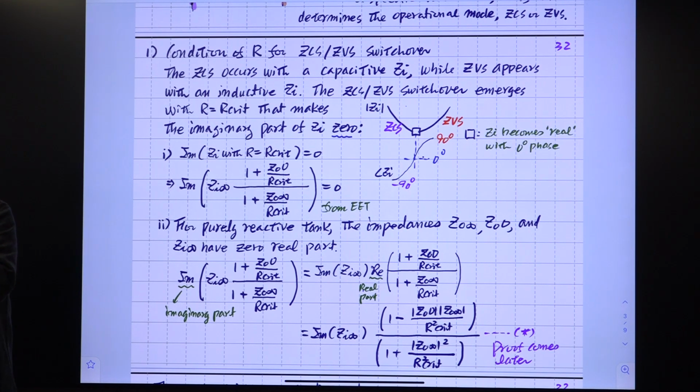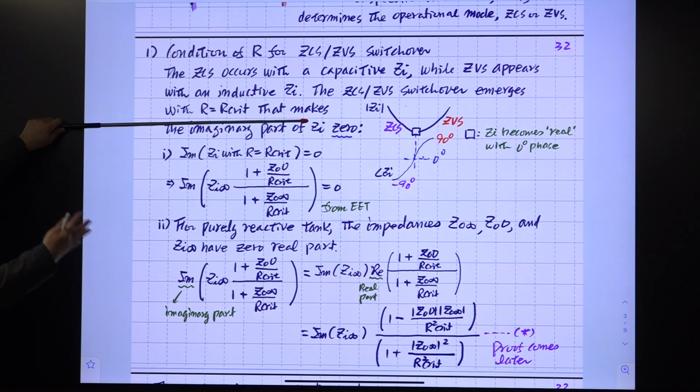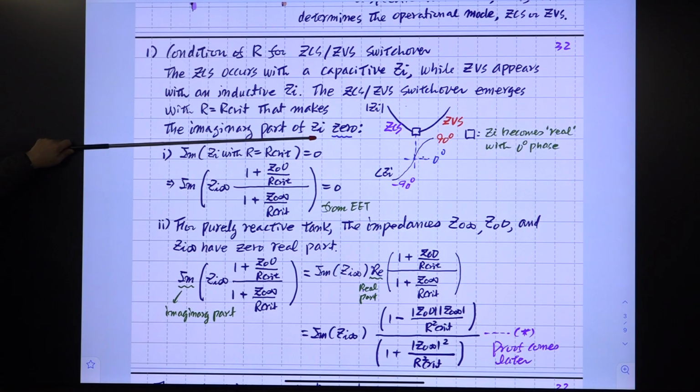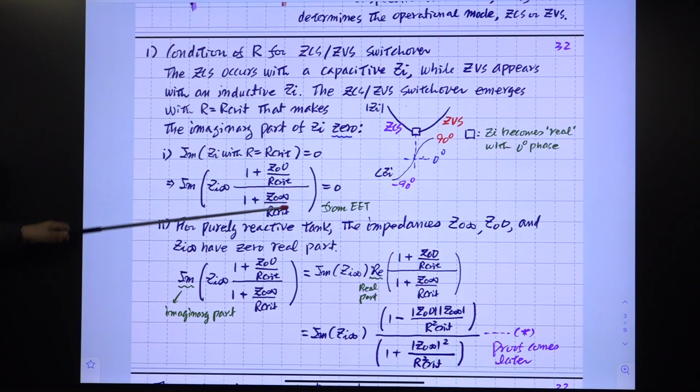Then GI becomes a real number and phase becomes 0. So that is the borderline between GBS and GCS switching. Very simple. So R critical is the one that makes the imaginary part of the GI 0.